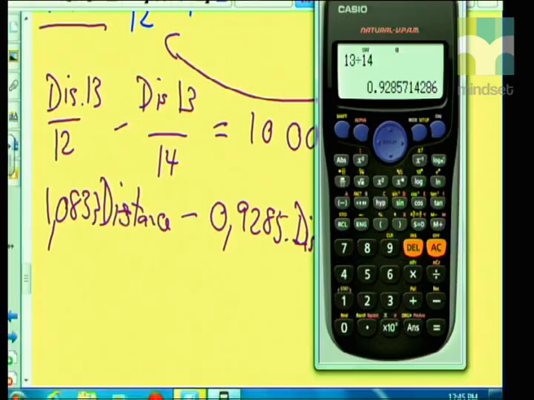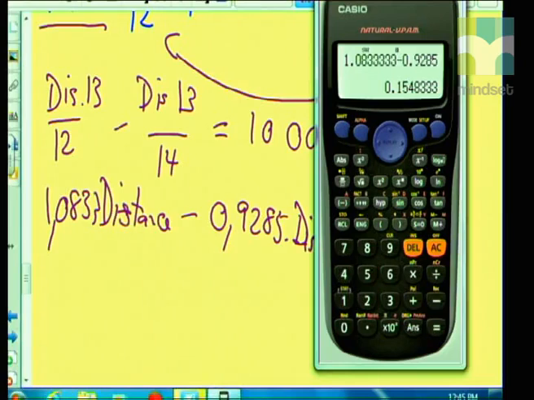This factor multiplying by the distance, don't worry too much about it, but essentially what I'm going to do now is subtract so much with the distance in front of it, and I'm going to get one answer. So I'm going to take this value here, 1,08333, and I'm going to subtract from that 0,9285, and that should be good enough to give me an answer of 0,1548.